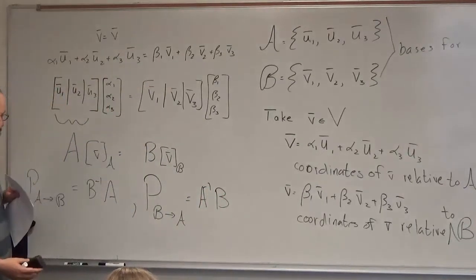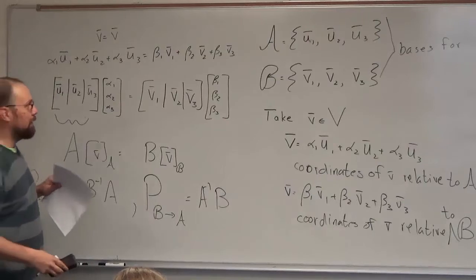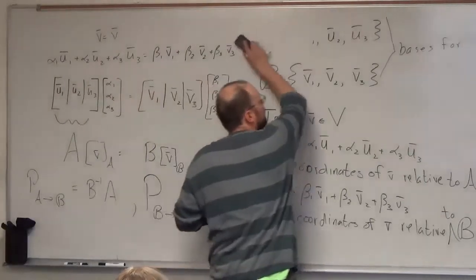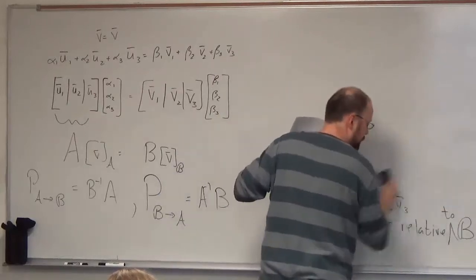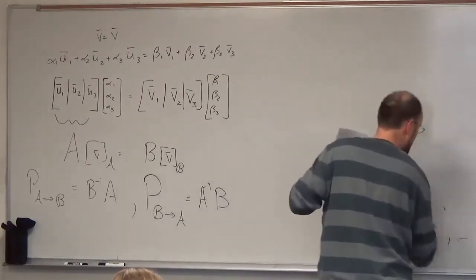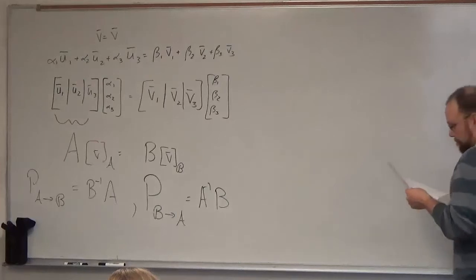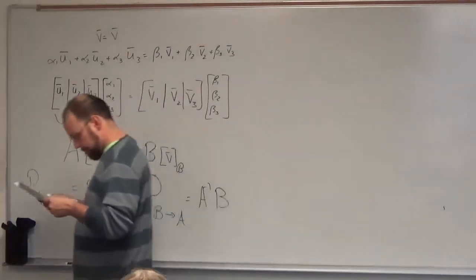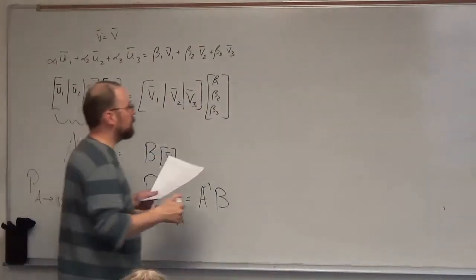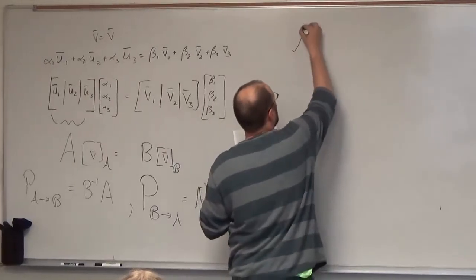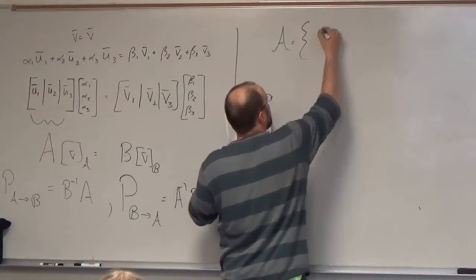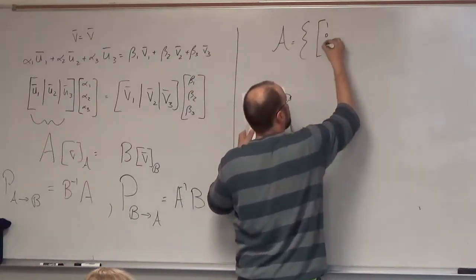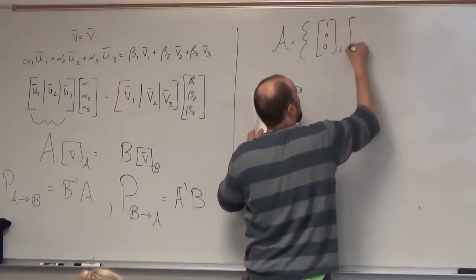Okay. So let's do a concrete example with two concrete bases. We'll do this example for R3. Suppose basis A is going to be a basis for R3.